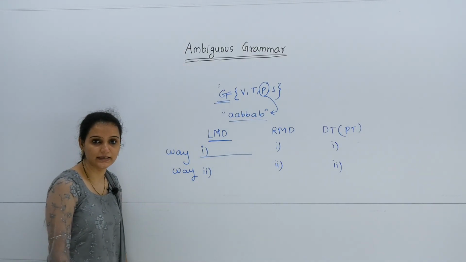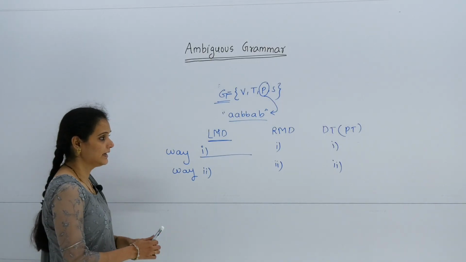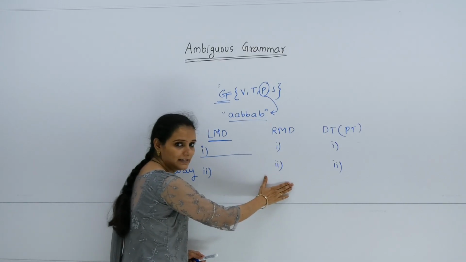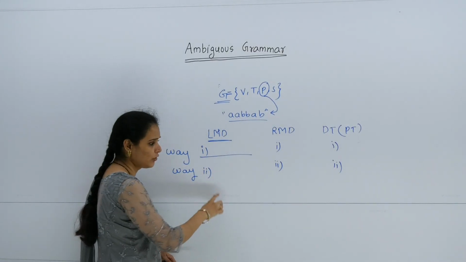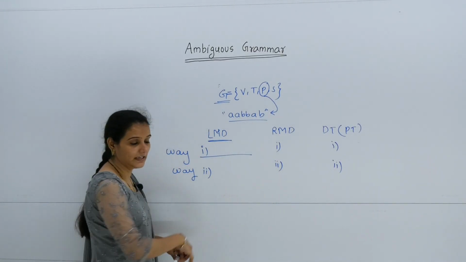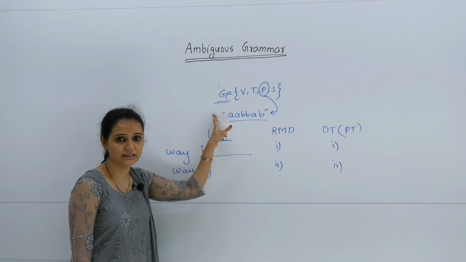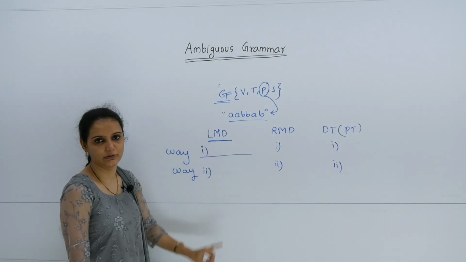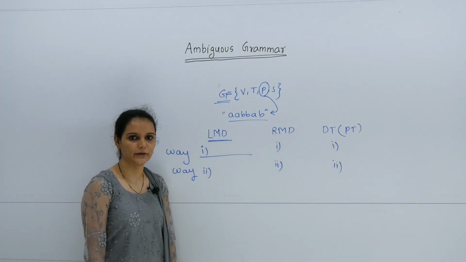So what we have seen is that for any one of these three, leftmost, rightmost or derivation tree, if I can generate the given string in more than one way, then that grammar is called an ambiguous grammar.